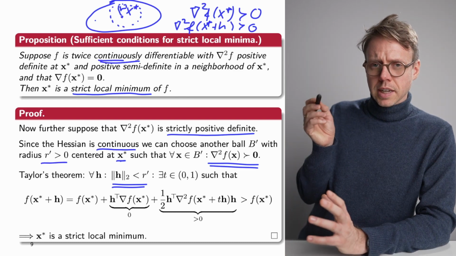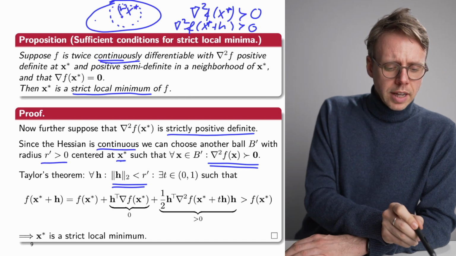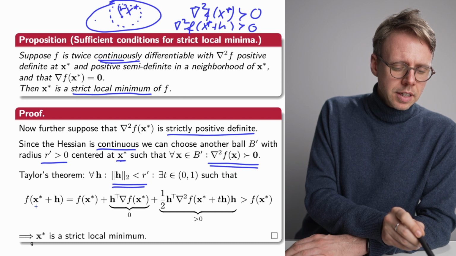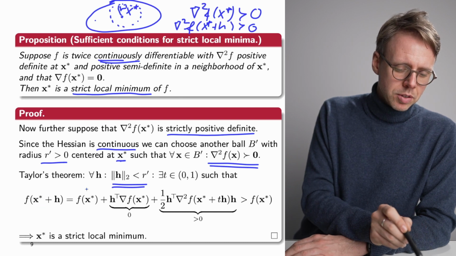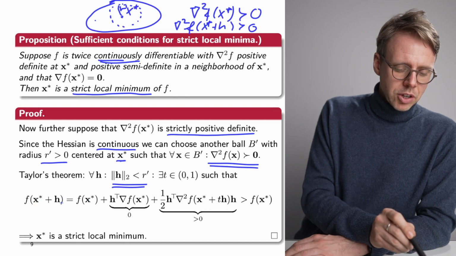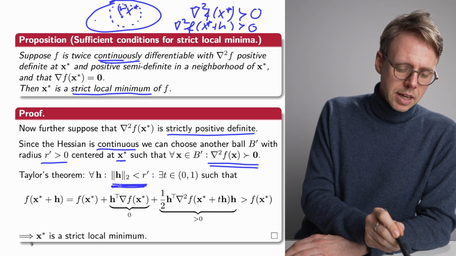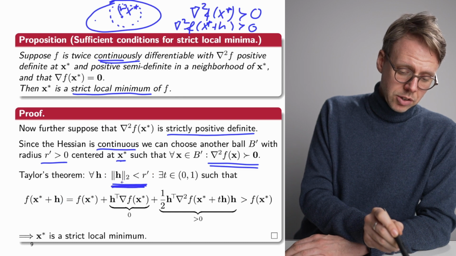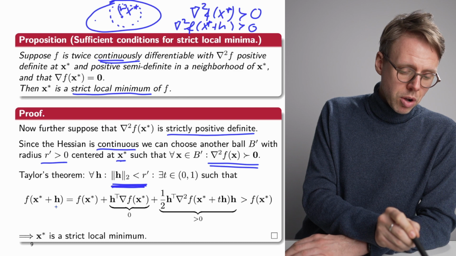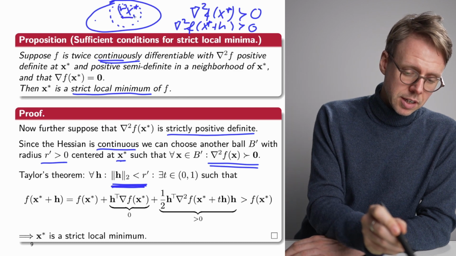So let's use Taylor's theorem to look at the function value of a point that lies within this ball B prime. So we express this point within this ball as the sum of x star plus this direction h, which can be any vector that has a norm smaller than r prime, the radius of the ball, such that we're not moving outside here.